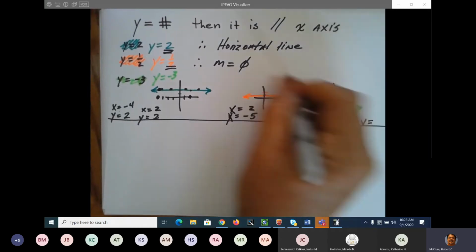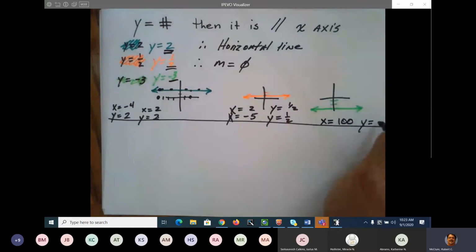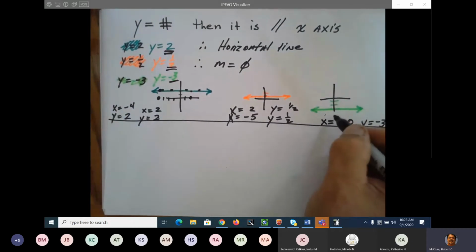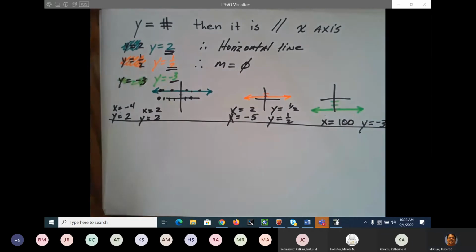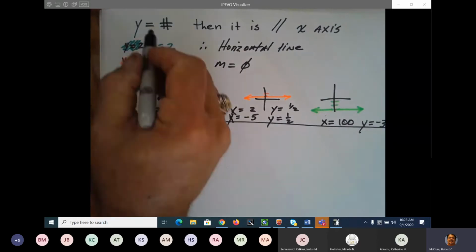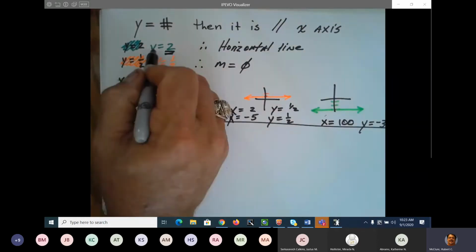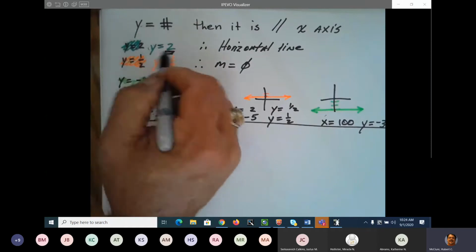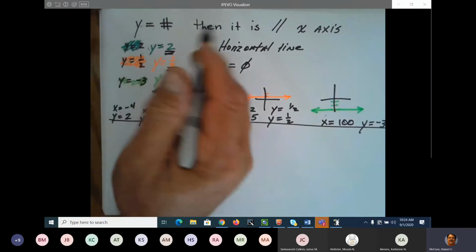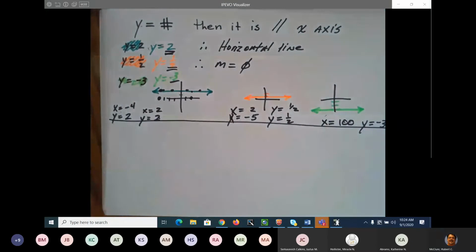Y is equal to -3. When x is equal to -100, y is equal to -3. You gotta learn that because the way they ask the questions, you got to know that when y is equal to a number, that means every single value of y for that number, no matter what the x is, y is equal to that number.